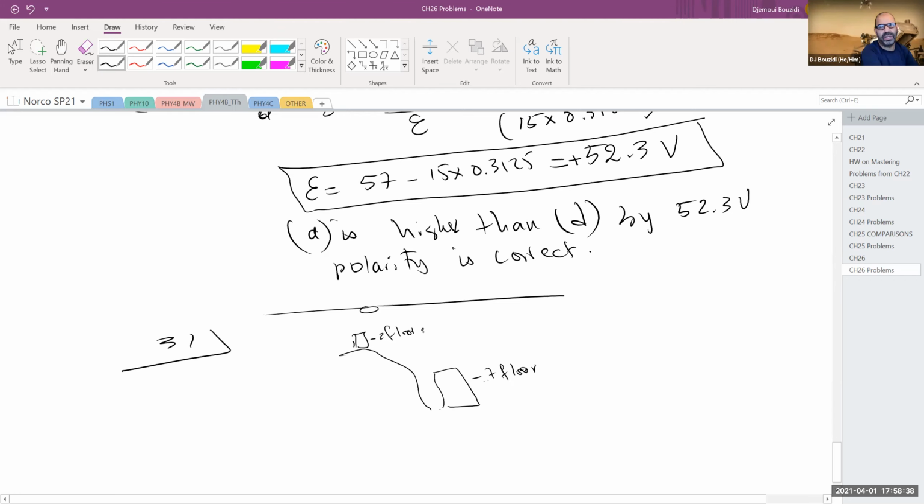But if you take the same rock and drop it, ultimately it's going to reach the 7th floor here. So all that matters really is how high this point is and how high this point is from some reference. It doesn't matter what that reference is. So all we care about is actually the difference in height. That's exactly the same analogy with all of these problems. Okay. So because charges will fall from the high to low.